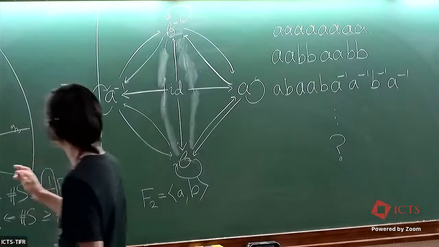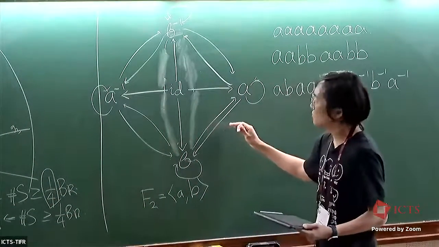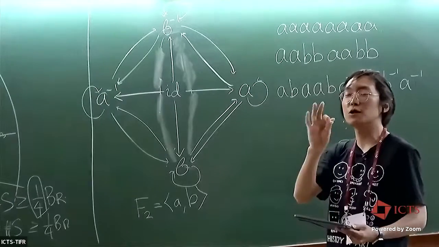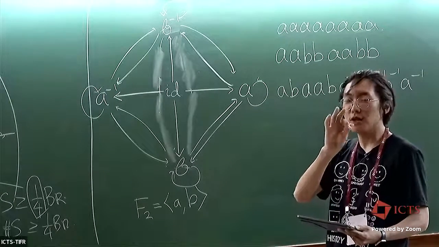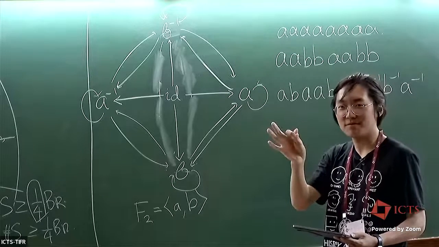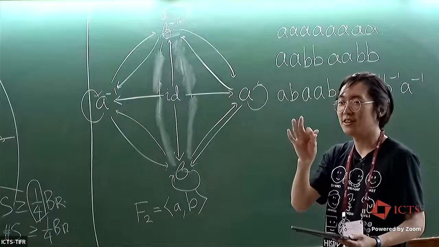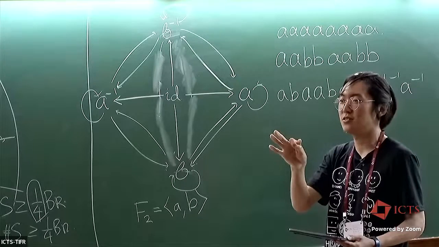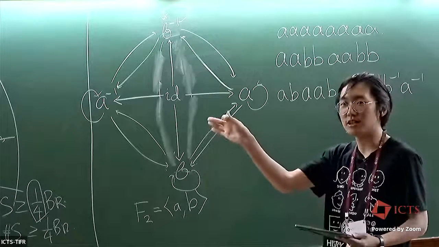But for free groups and for hyperbolic groups, if you require that they follow only designated geodesics, not arbitrary geodesics, in a more fancy way, the geodesics given by the language from the automaton, then you can do this kind of job.